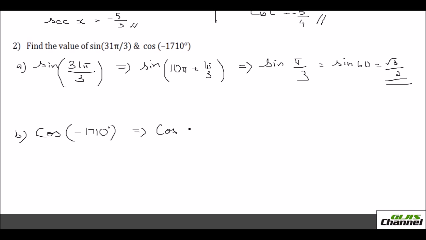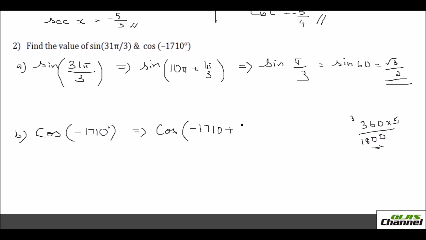It is cos. Since it is negative, I add, you can just try this. 360 times 6 would be more, right? So I would do 5.